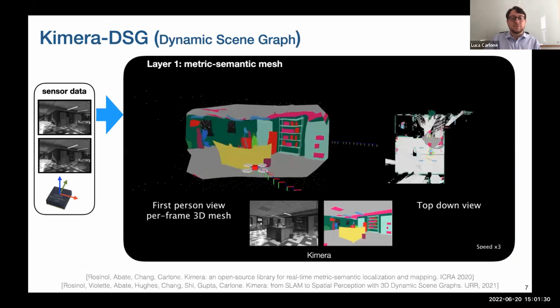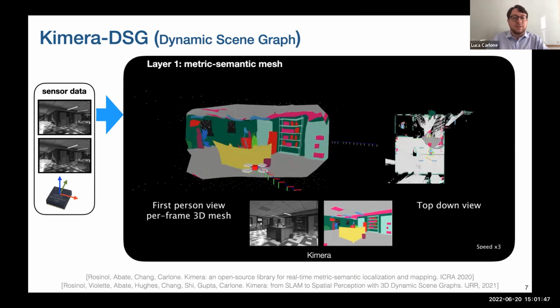So what I want to do next is to tell you a little bit about the algorithms we use to reconstruct 3D scene graphs. I will start from an early contribution, the first system that we provided to construct 3D scene graphs, which is called Kimera-DSG. Kimera-DSG stands for Dynamic Scene Graphs.